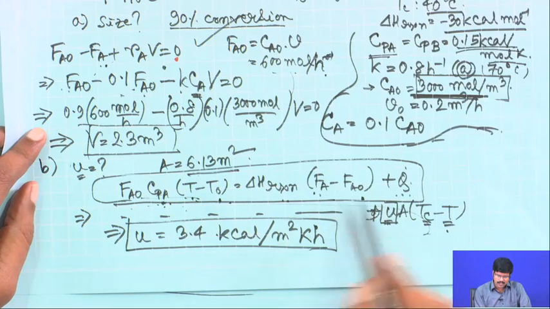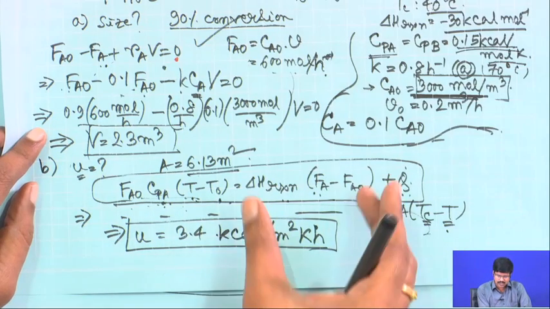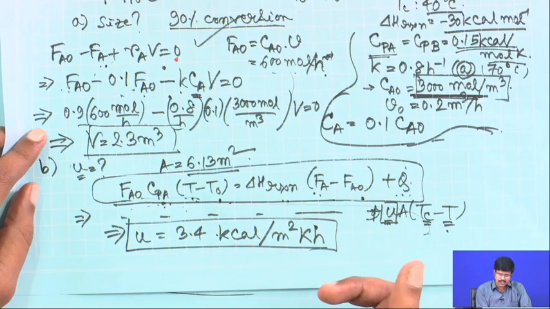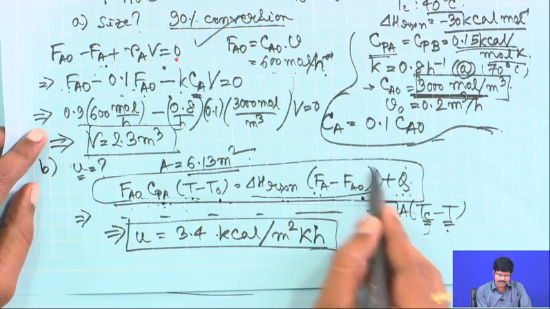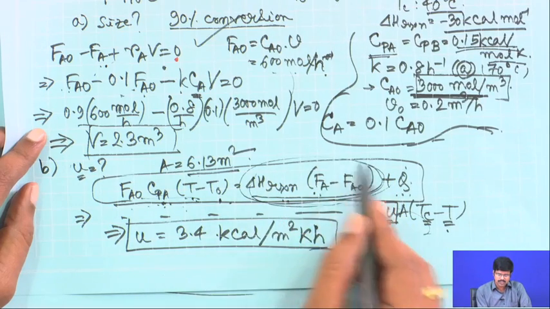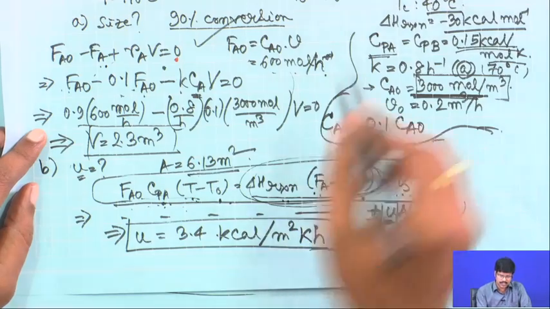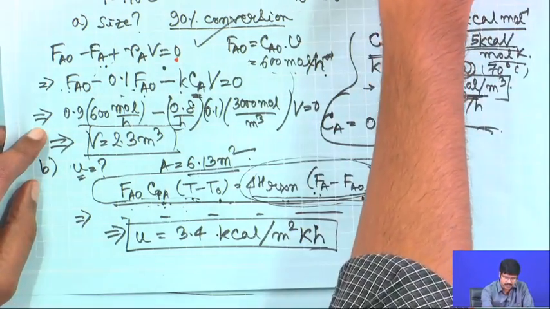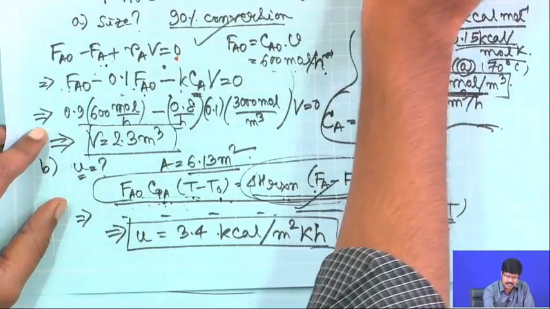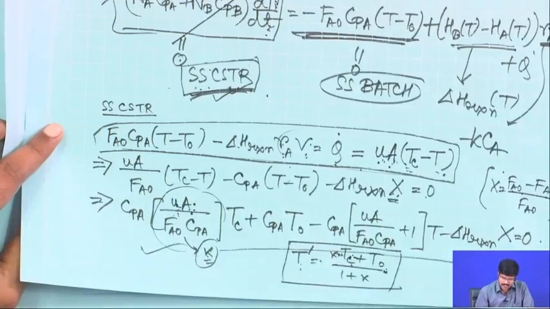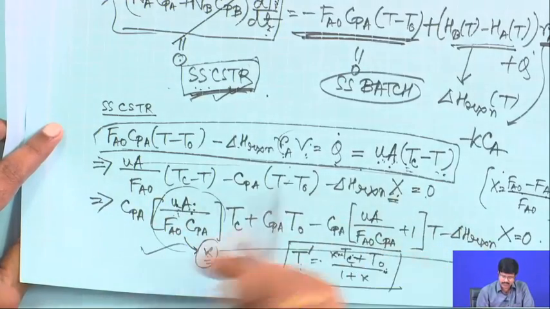steady state. So, if you look at this particular equation, this part will give you the rate of heat generated. If you look at this particular term, it is basically the same as this particular expression in different forms.